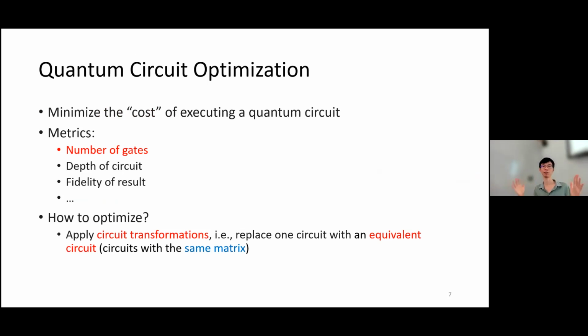Usually the fewer the gates, the lower the depth of the circuit. And the depth is the running time, which will be smaller. And the fidelity is the multiplication of all gates in the circuit. So reducing the number of gates almost always increases the fidelity of the result.